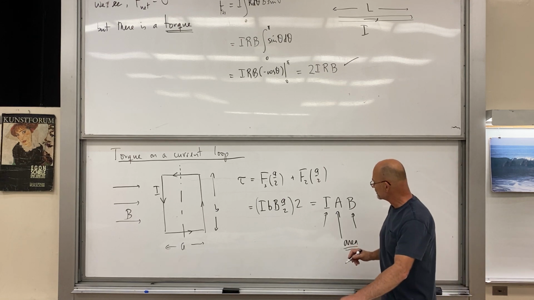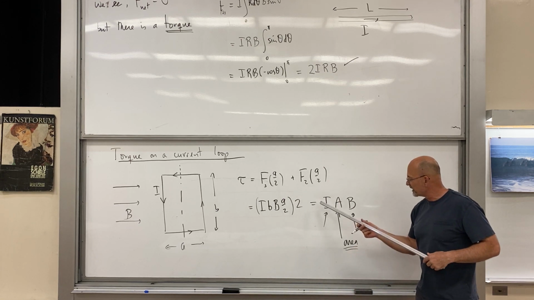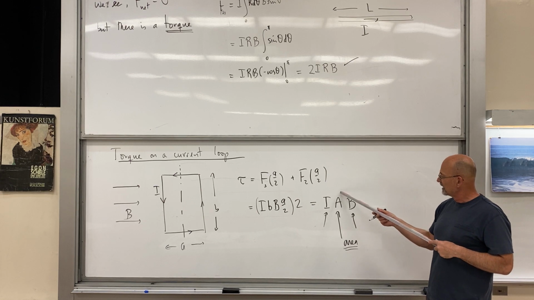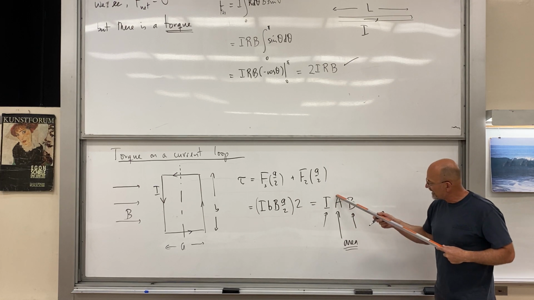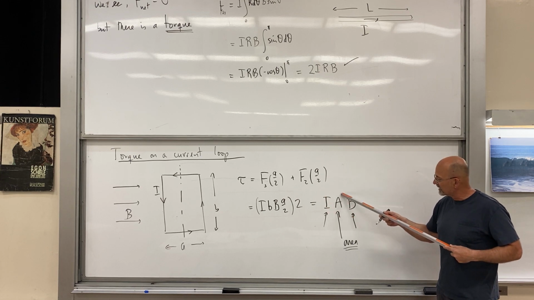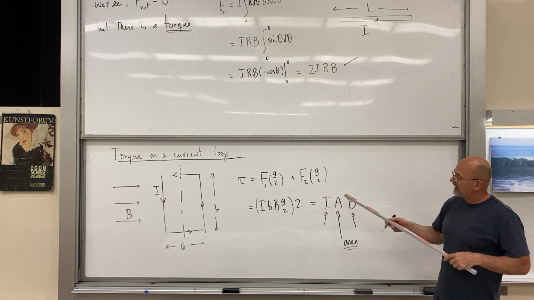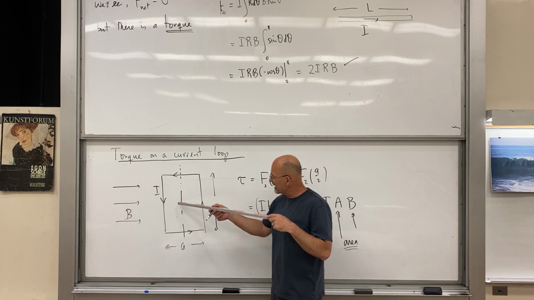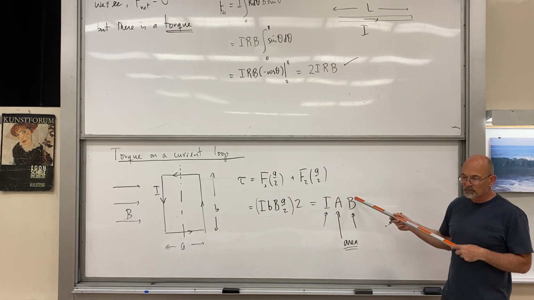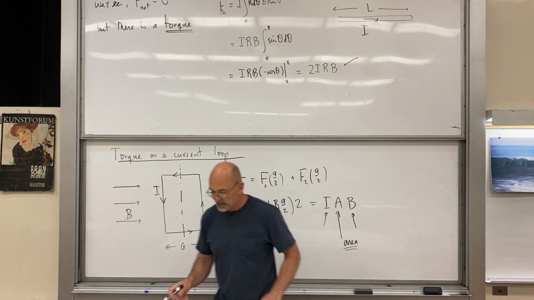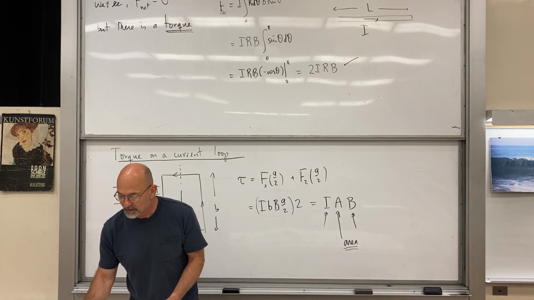And this generalizes really nicely because what you end up with is a generalized expression where you just have a surface area and a current and B. And if you choose a generalized direction, this product is going to turn into a cross product. So I'm going to write it down first and then we'll analyze it.